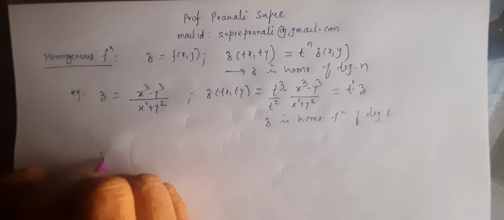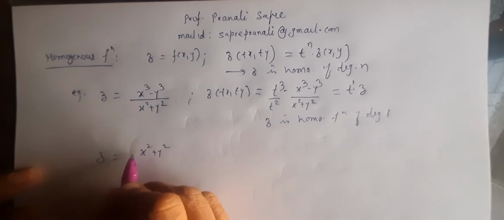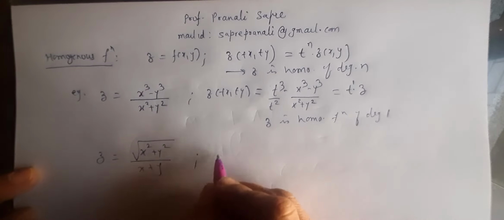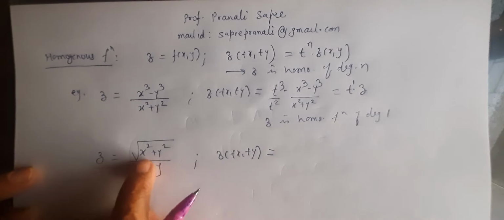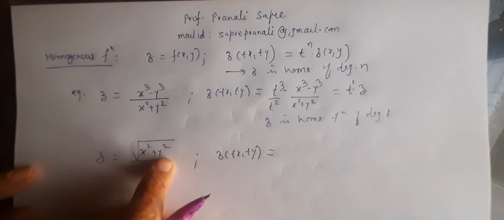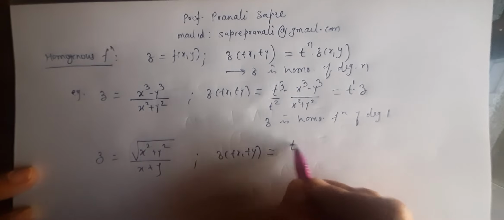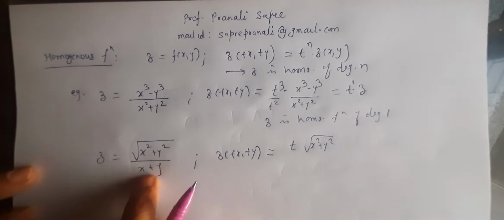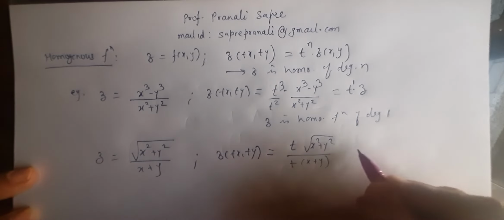Let me have one more example. If I have z is, say, square root of (x square plus y square) upon (x plus y). Now if I find z of tx, ty, replacing x by tx and y by ty, we have t square common inside the root, so outside the root it is t to the power 1 into the root of x square plus y square. Same way here, t is common, I am getting x plus y, and this t cancels.